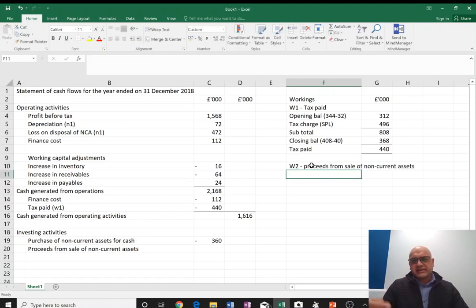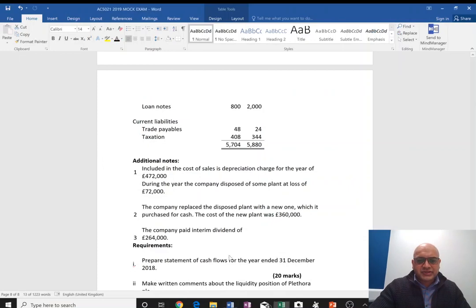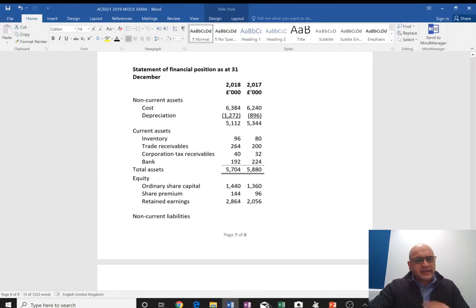So we'll take the same approach like we did for the tax paid. We'll start with the opening balance of non-current assets, make all the adjustments that are supposed to go in that account, and what hopefully we'll be left with is the carrying value of the plant that we sold. So let's start with the opening balance, coming from the question, and please be careful. Now there are 2 ways you can do it.